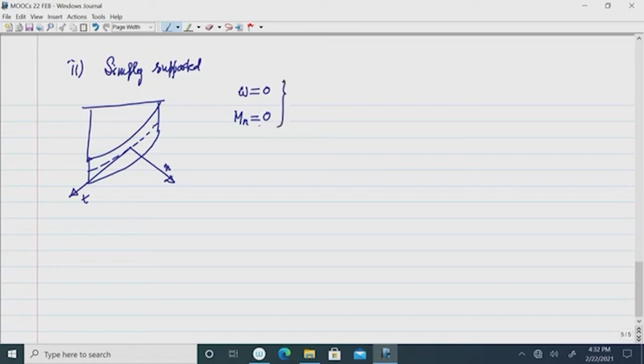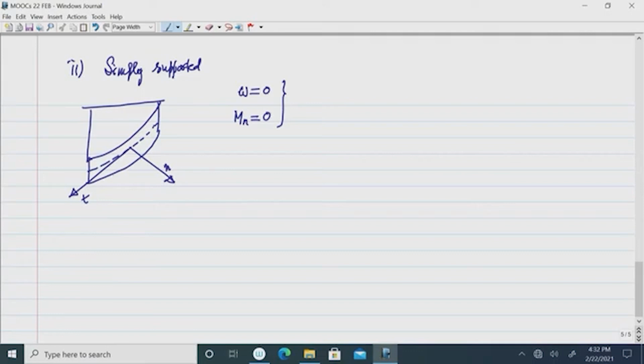Now, let us obtain the expression for bending moment m n from first principles. How is m n generated? m n and m n t are generated. M n t, of course, is not necessary here, but we will still evaluate this.